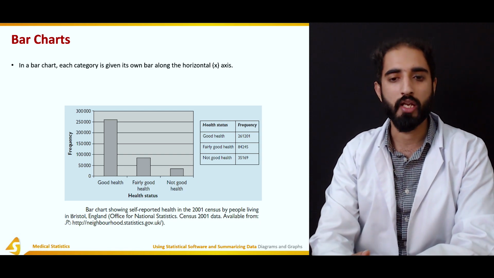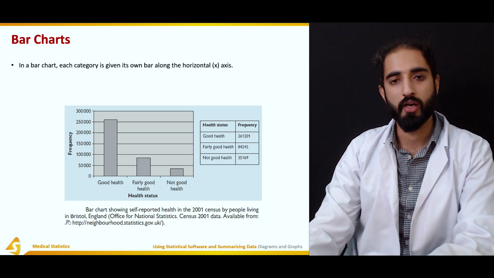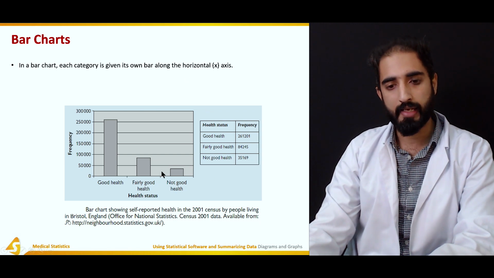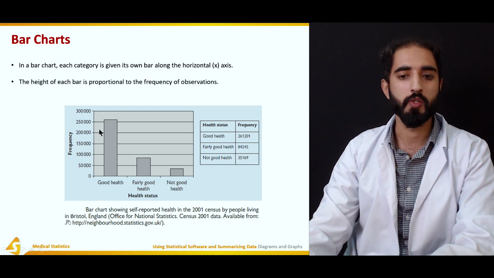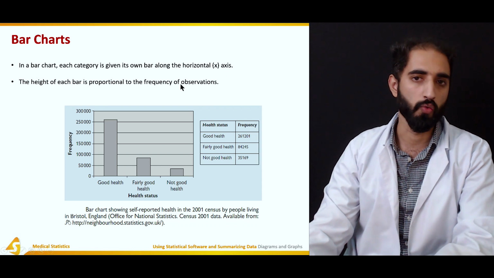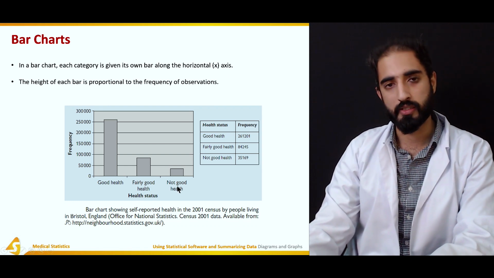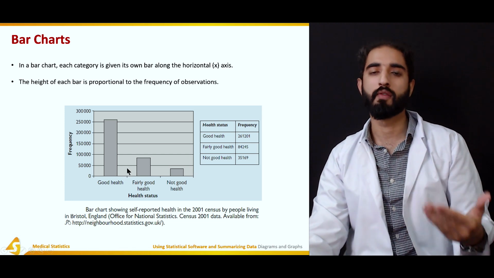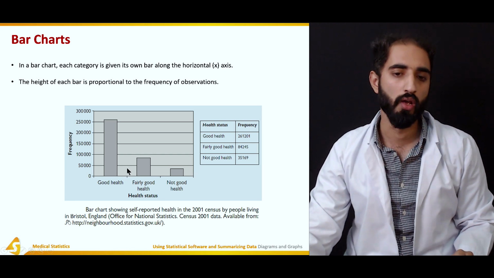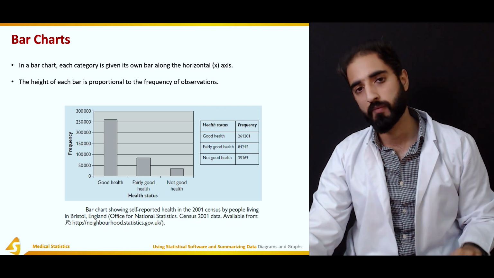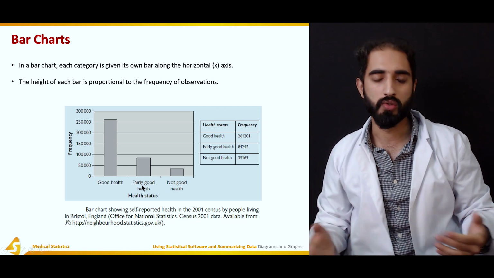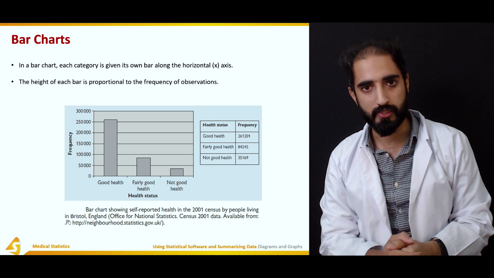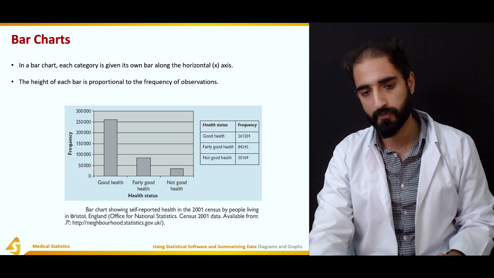In a bar chart, each category is given its own bar along the horizontal x-axis, and the height of each bar is proportional to the frequency of observation, similar to a histogram, which we already discussed in the previous slide. This gives you good information regarding the frequency distribution of the categories. So you can use the bar chart for frequency distribution instead of a table.